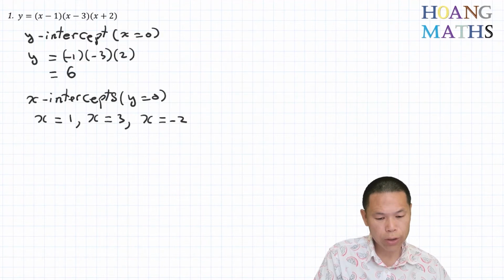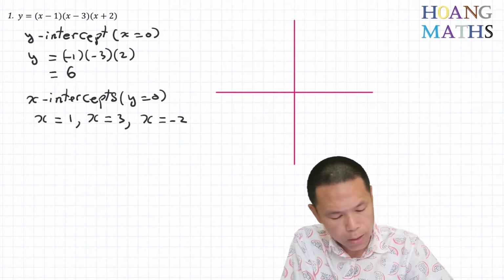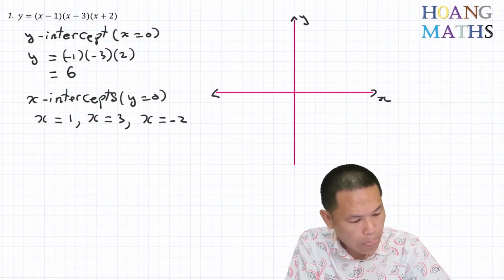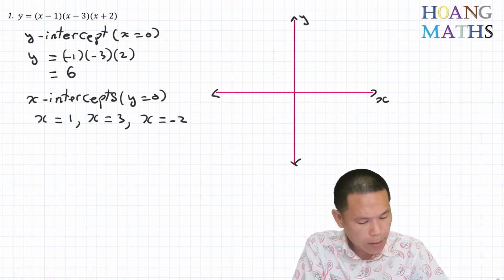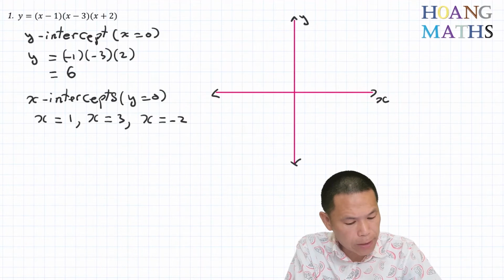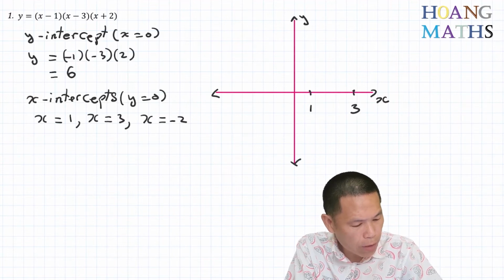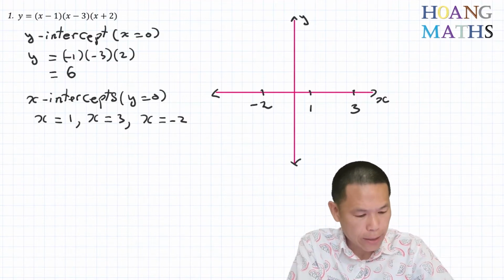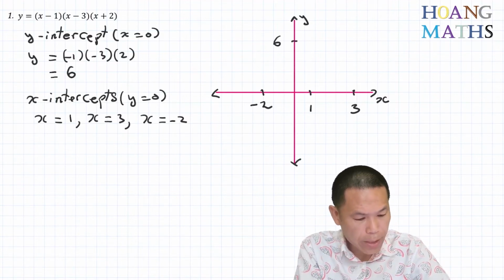So I can just put in a graph. So this is y axis, x. So now the x-intercept is 1, just roughly here, 1, 3 here roughly, and then negative 2. And the y-intercept is 6, so 6 up there somewhere.